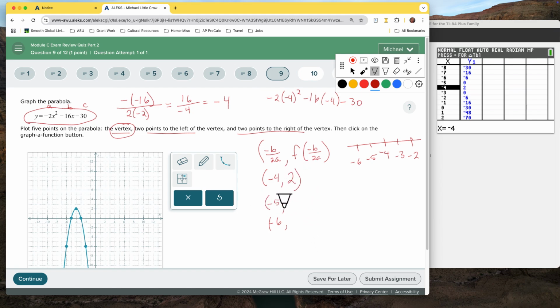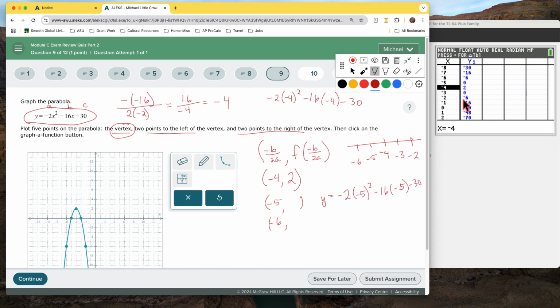I won't go through each of these, but I'll start this one. You're going to plug in negative 5 to the function, right? So your y value here is going to be negative 2 times negative 5 squared minus 16 times negative 5 minus 30.